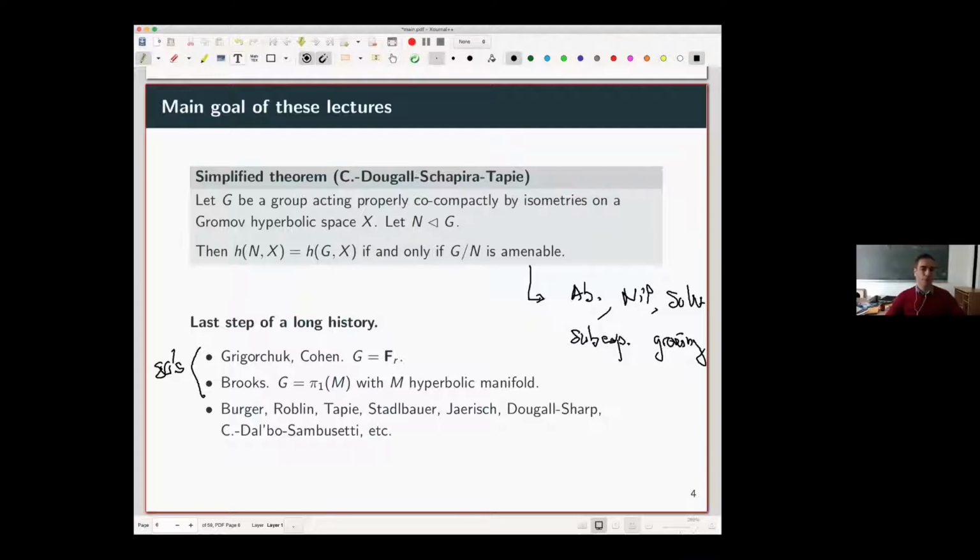So here's my plan for this series of lectures. First, I will briefly go through the proof, or a possible proof, for the free group using more coding and operators, because that will be a safe place to start introducing a strategy which consists in twisting certain operators.